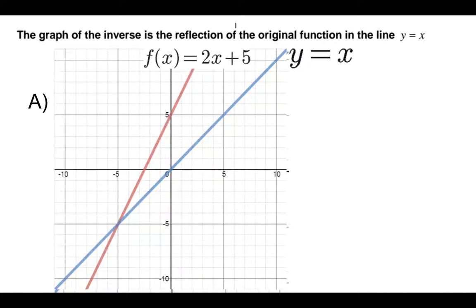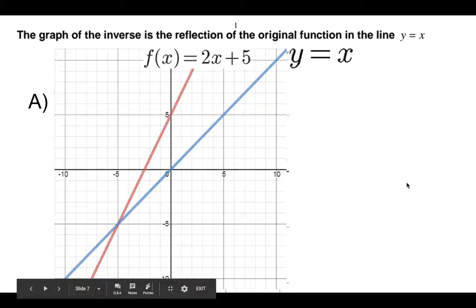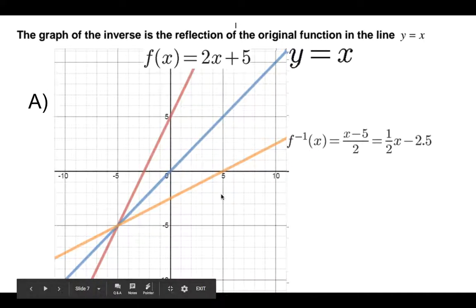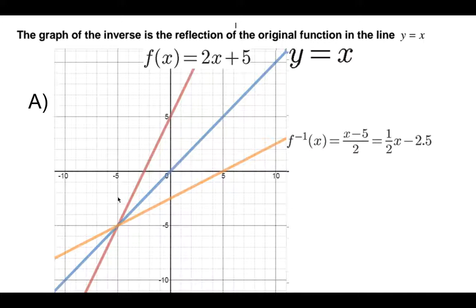If you graph the line y equals 2x plus 5, so f of x equals 2x plus 5, and you switch the x and y coordinates of every one of the points, so (0, 5) becomes (5, 0), and -5 stays the same, then you can find the inverse line, which has a y-intercept of -2.5 and a slope of 1/2. That's (x minus 5) over 2. So just switching x and y coordinates will give you the inverse.